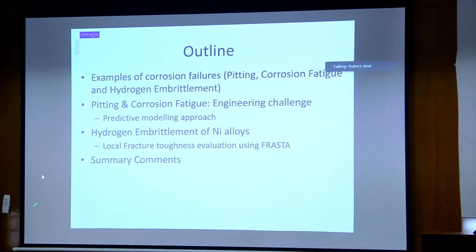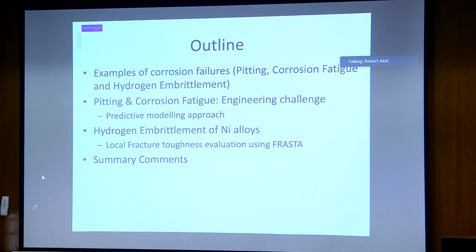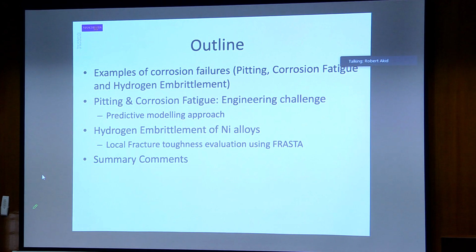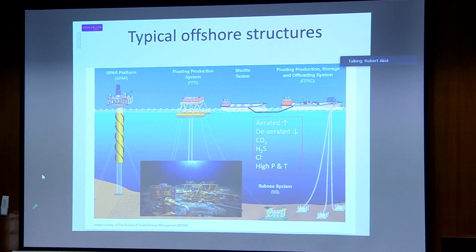And in terms of hydrogen embrittlement, we've been looking at some nickel superalloys, and we've been looking at the effect of mechanical properties and also something called FRASTA, which is a fracture reconstruction approach to looking at fracture toughness. And I'll finish with some summary comments.